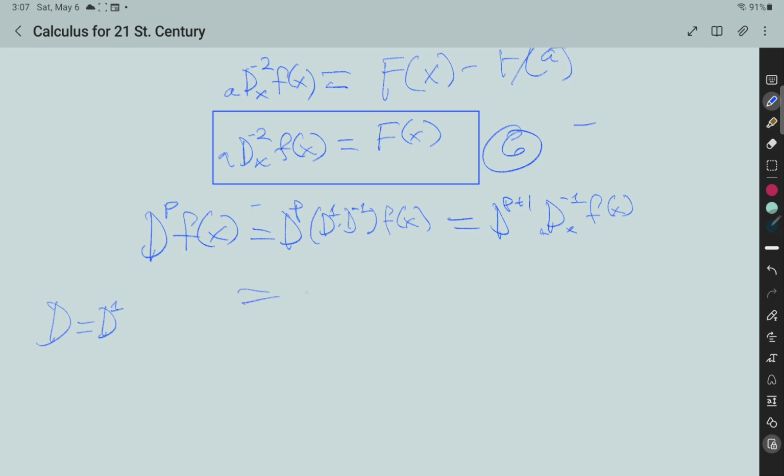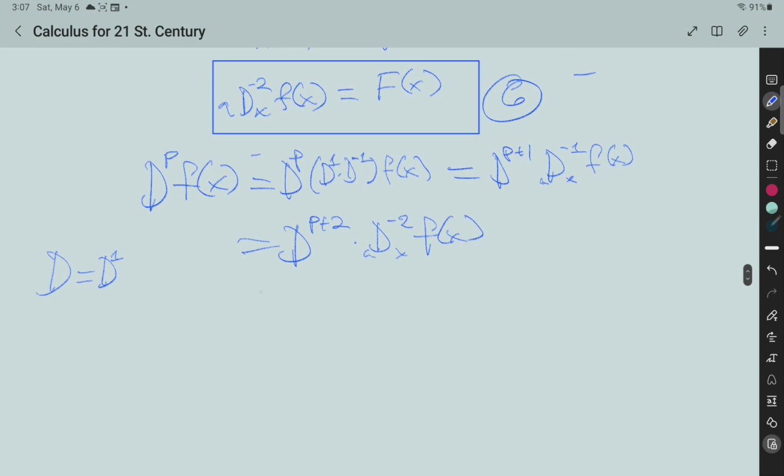So what I would end up having is this: d to the p plus 2 times d a to the x minus 2, because when you add these two powers up, you're still going to get p at the end of the day. Okay. So even if you go to the n power, so you do it n times, then you get d to the p plus n times d a to the x minus n times f of x.